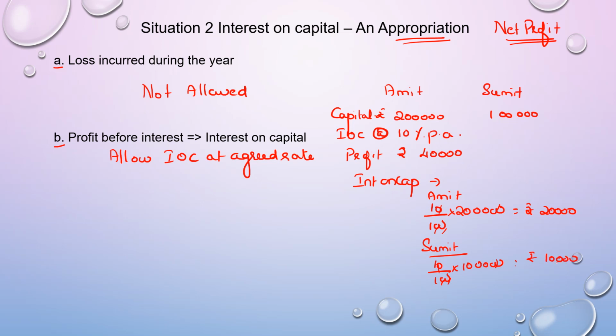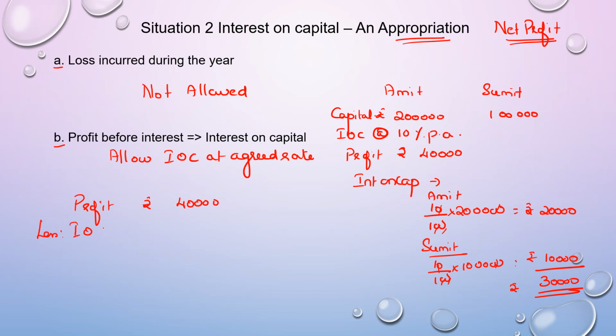So total interest on capital to be appropriated from the net profit is rupees 30,000. Now here there is a profit of rupees 40,000. So your profit before you provided for this interest on capital of 30,000 is greater than the interest on capital. So therefore you can allow the interest on capital at the agreed rate, which means you can allow the entire 30,000 as interest on capital.